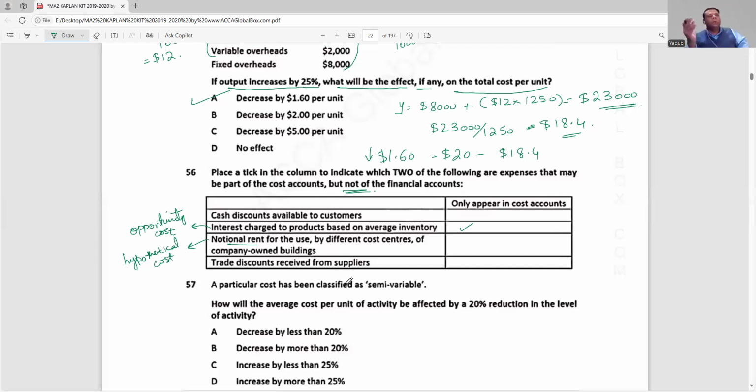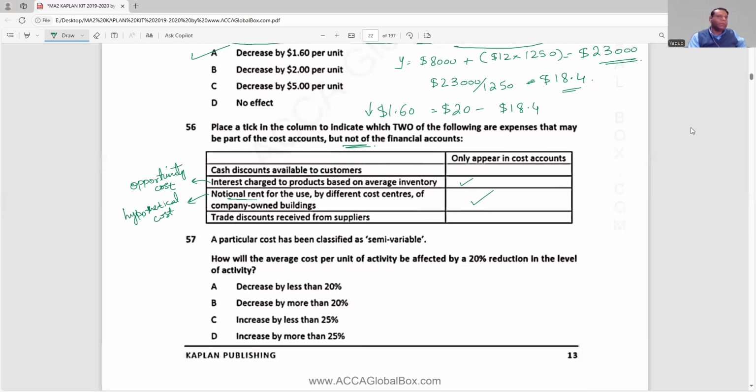Similarly, if you own your own home and you are still deducting rent, it is a notional cost. Notional cost is also shown in cost accounts, not the financial accounts. The rest of the two are shown in financial accounts. Next, we have what?